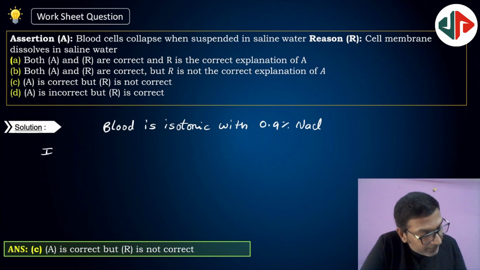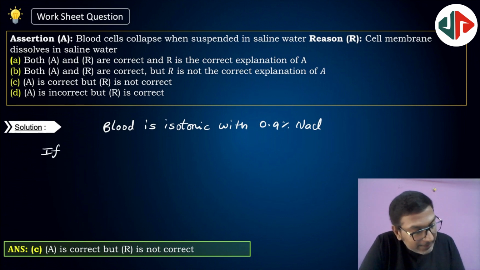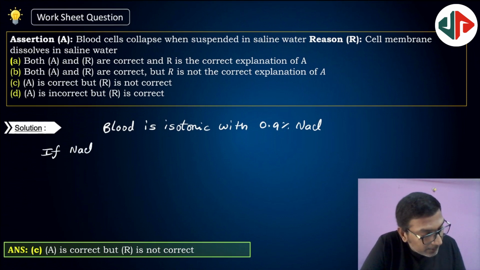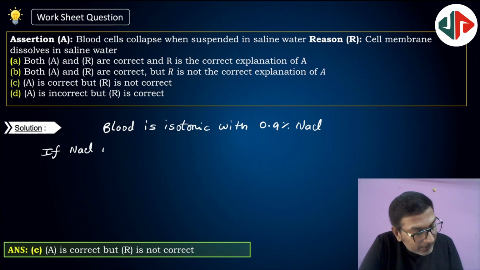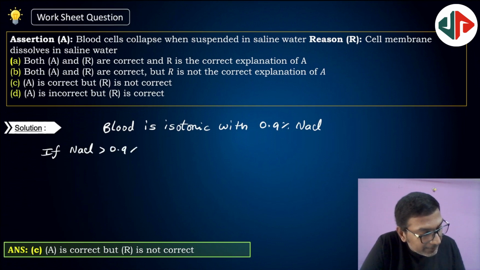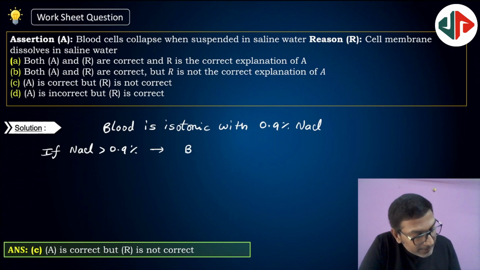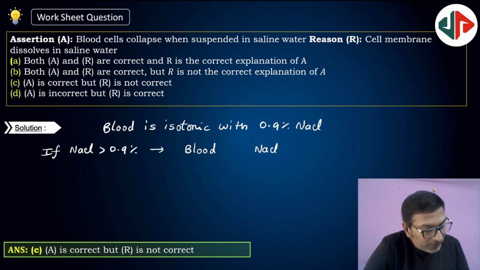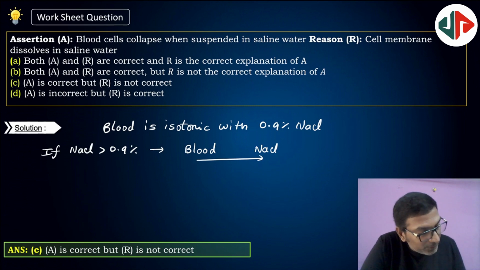We know blood is isotonic with 0.9% NaCl. If the NaCl is greater than 0.9%, then the solvent is moving from blood into NaCl, that is, from the less concentrated side.